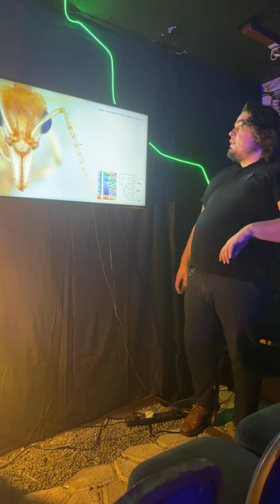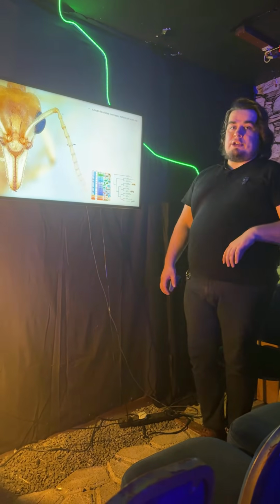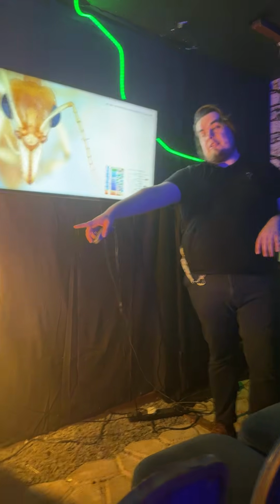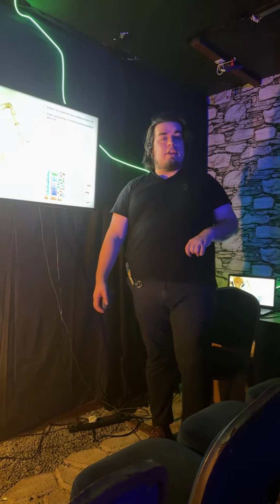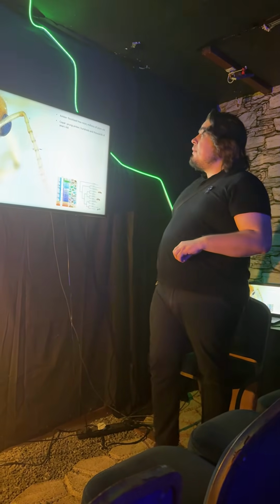Some of the terms we'll be using: amber is one of the main things we're going to be talking about, which is essentially fossilized tree resin. We've got a couple samples of amber on the table here, the small ones towards the front. Something similar to amber is copal, which is essentially a younger form of amber, and we have a sample of it in the big container at the base of the lamp.